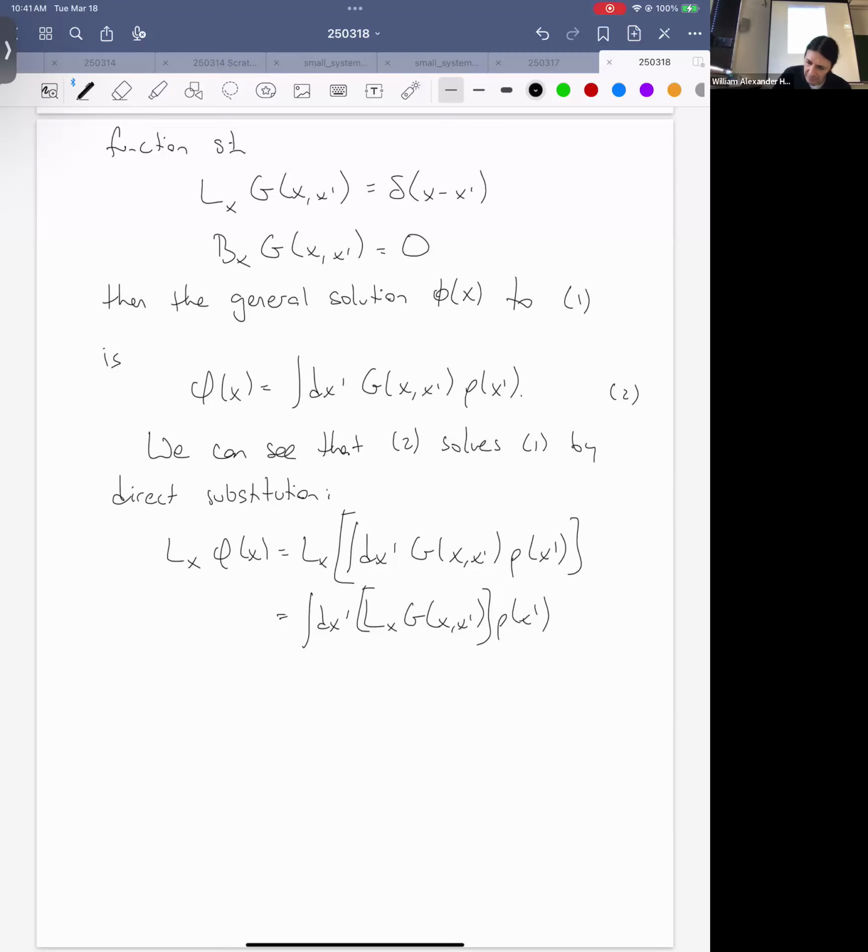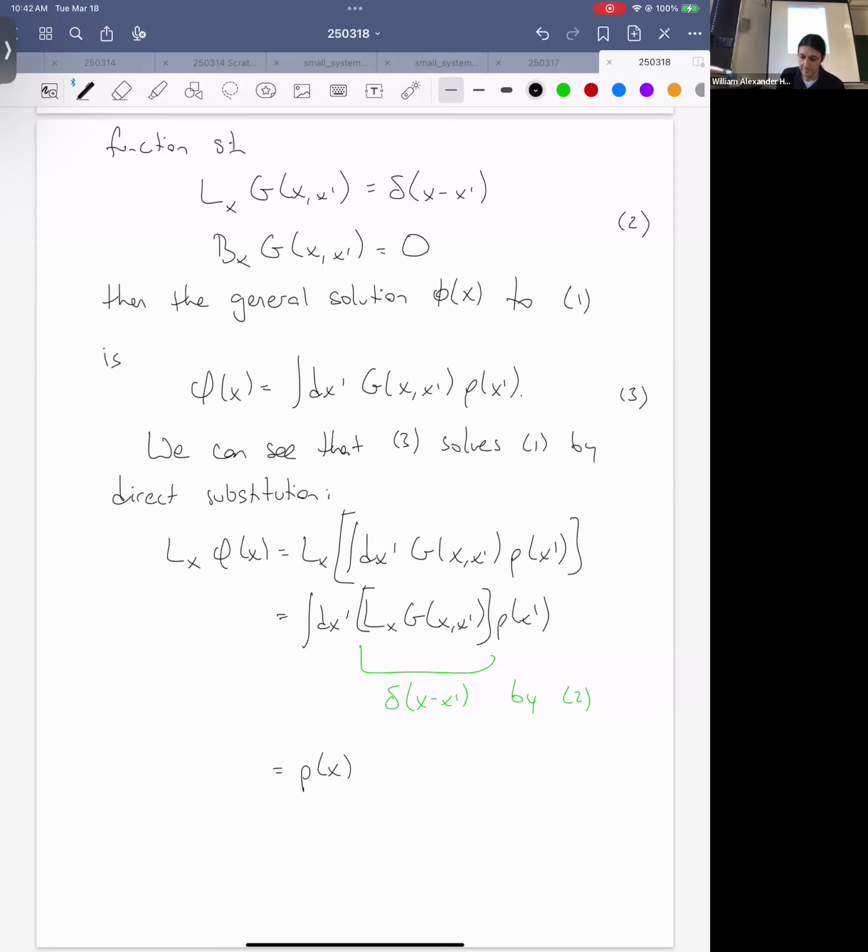I should actually call this 2 and call this 3. So this square bracket is delta x minus x prime by equation 2. The integral over x prime collapses the delta function, and this becomes rho of x, which is the first equation that we require.